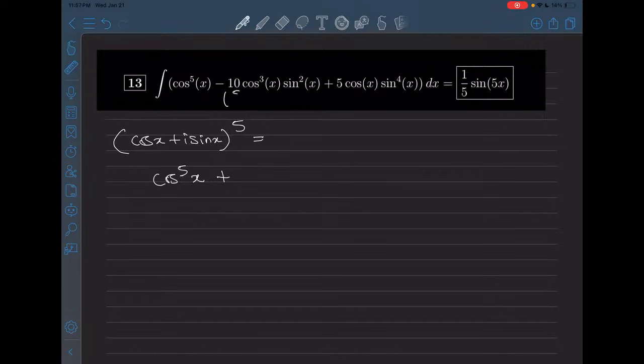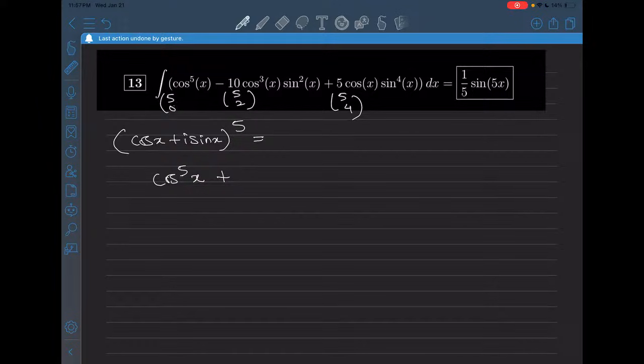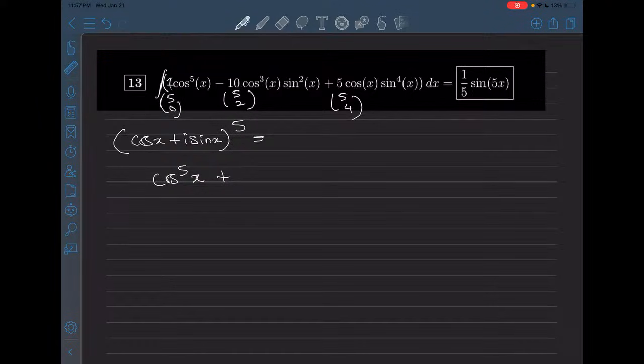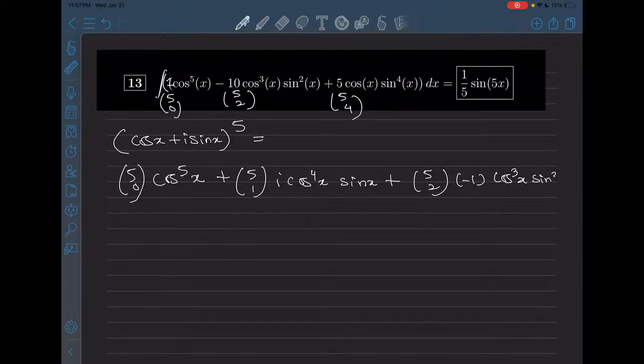I think you guys know that this is 5 choose 2, this is 5 choose 4, and this over here is 5 choose 0, just the number 1. So this is 5 choose 0 cosine to the power 5, and then 5 choose 1, we will have i cosine to the power 4x sin x, right? Plus 5 choose 2, we will have minus 1 over here, cos cube x sine square x.